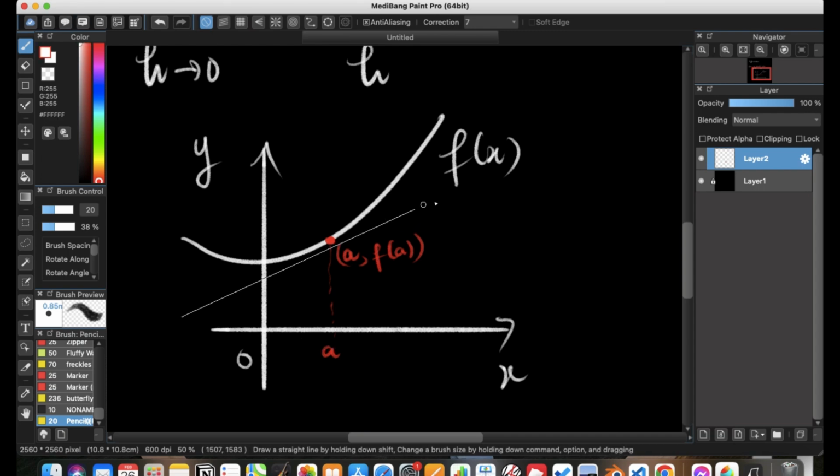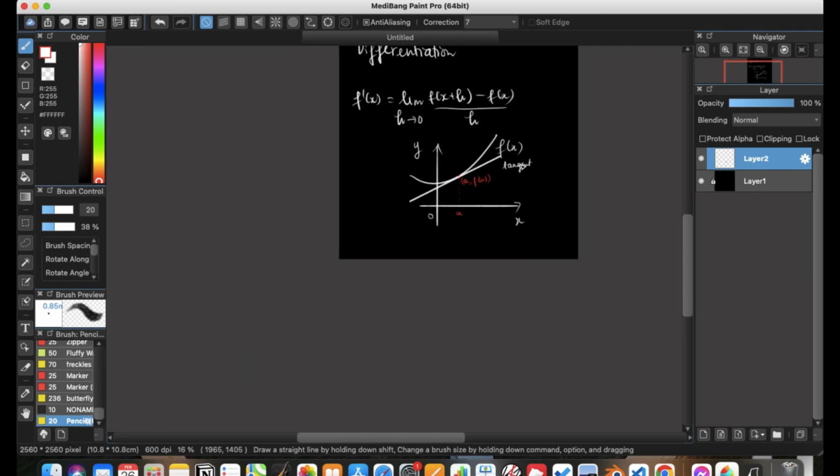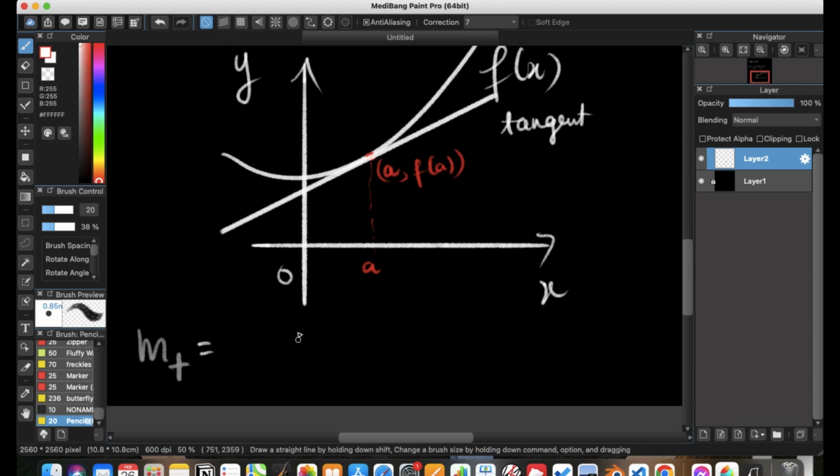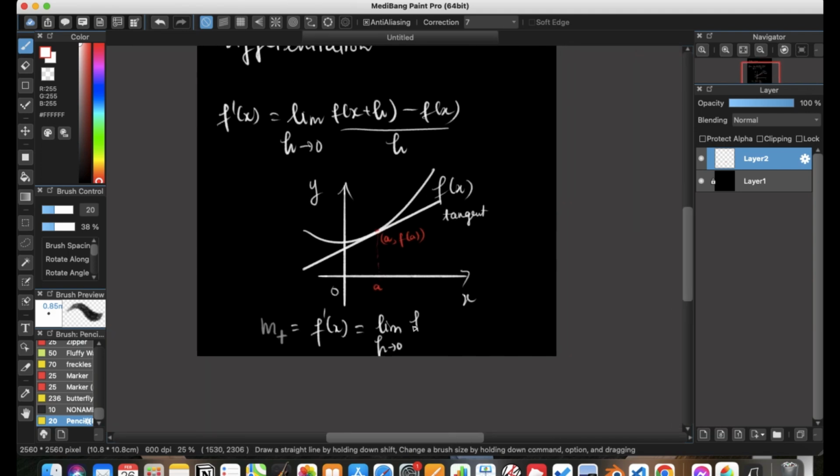So this is like a tangent line. So we will have the slope of a tangent line, m_t, is going to equal f'(x), right? Because it is going to equal the limit of f(x + h) minus f(x) over h.